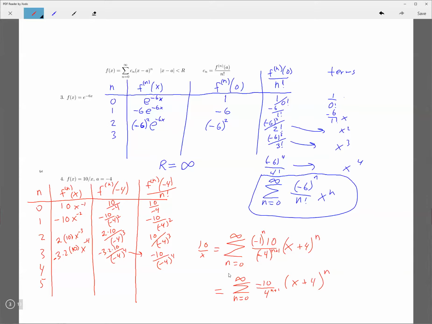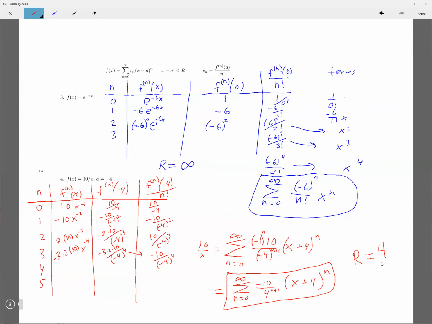Okay, so that works, and hopefully you saw a little bit of how we came up with that pattern. Anybody want to take a guess what the radius of convergence would be? It's 4. I think it's 1/4.